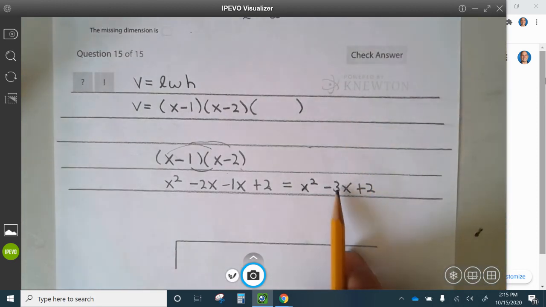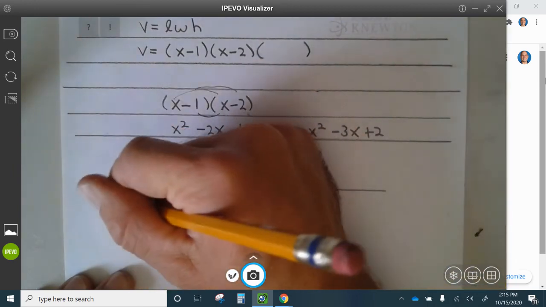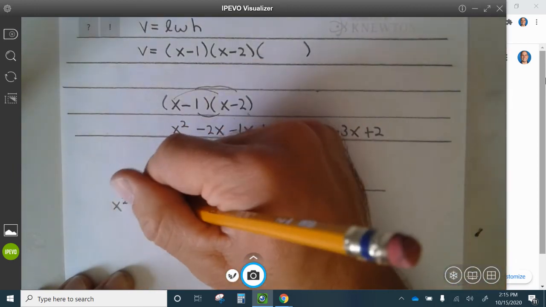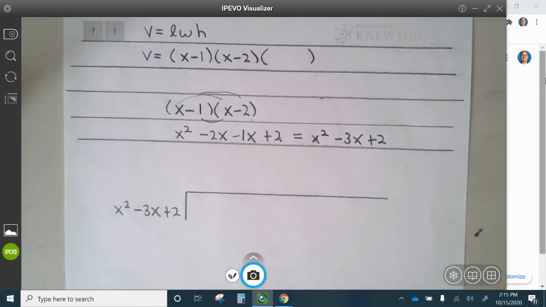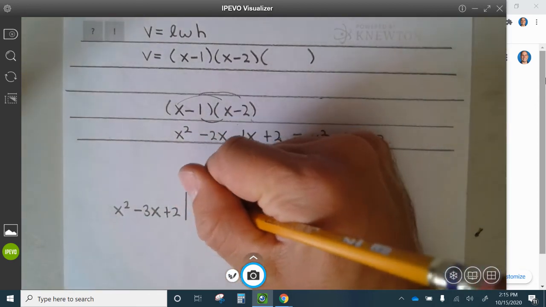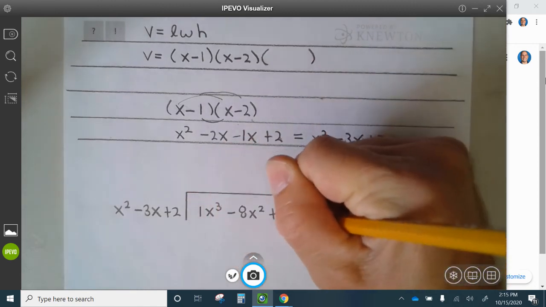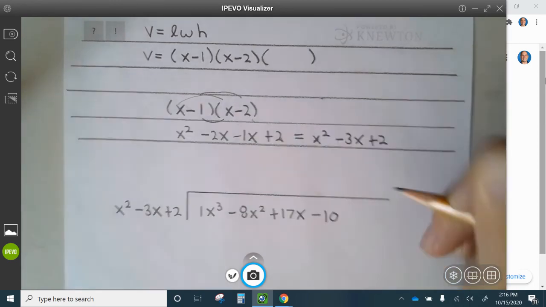This is going to become the divisor. So this is x squared minus 3x plus 2, and we're going to divide that into the dividend 1x cubed minus 8x squared plus 17x minus 10.